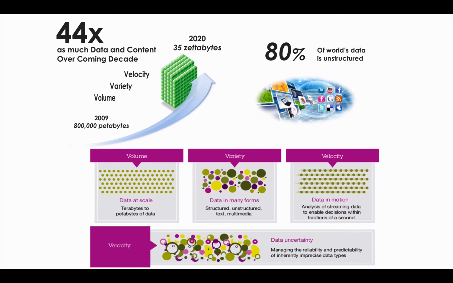Data also comes with velocity, data in motion, the way it's being streamed, sometimes at very slow intervals, sometimes very fast. And of course, there is data uncertainty, the veracity of the data: how reliable is your data, how accurate is it, and whether it is authenticated or trusted.